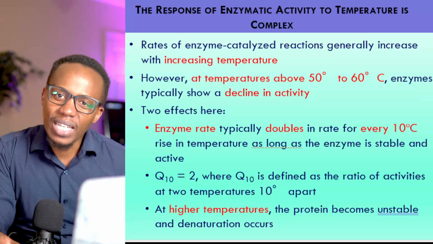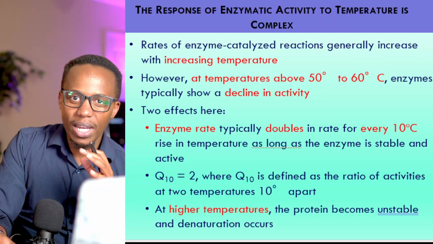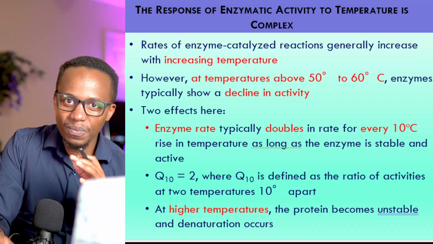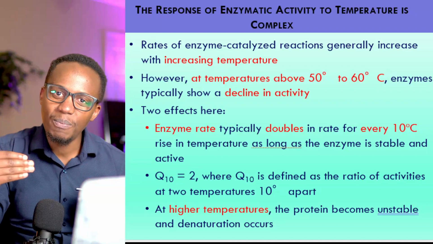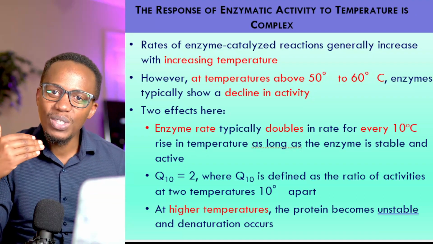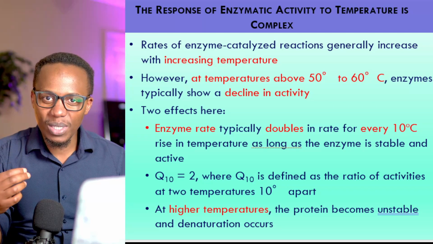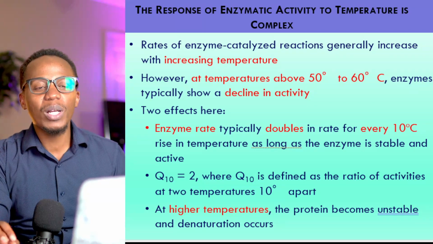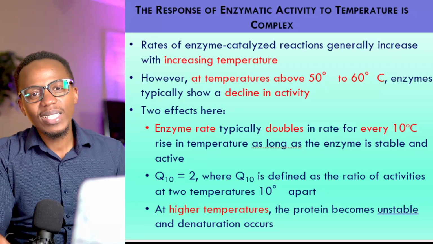Now, in terms of temperature, it's a little tricky. Why? Because generally speaking, if you increase the temperature, the enzyme is going to work better, right? In fact, if temperature is too low, enzyme is not going to work.